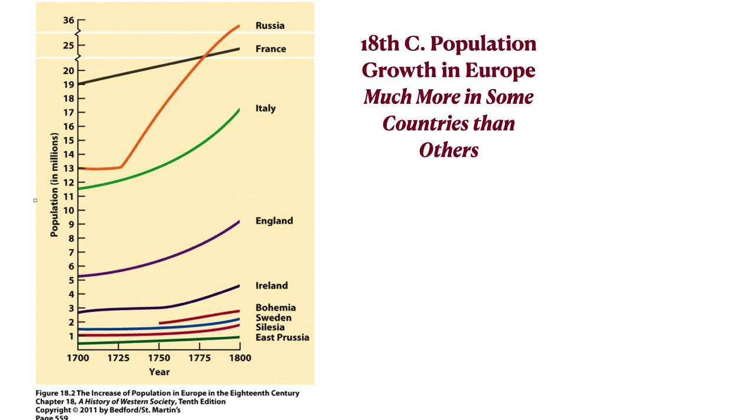We can see increases in population in all these countries, but some much more than others. In Russia, in particular, you could see a huge growth in population after around 1725. France, the graph anyway, is showing steady growth, but not nearly as rapidly as Russia, as well as Italy, England, and Ireland in particular.